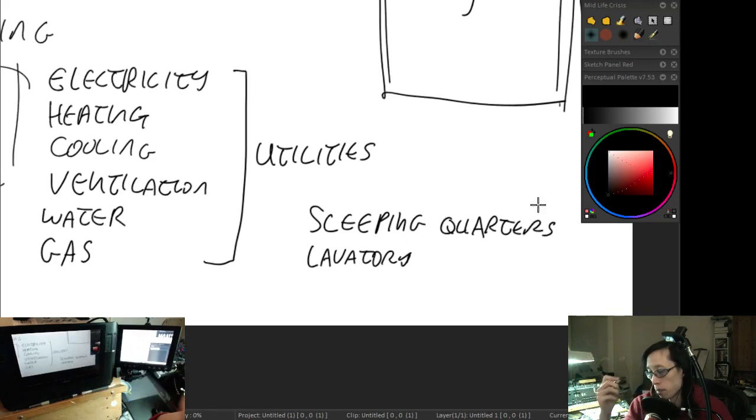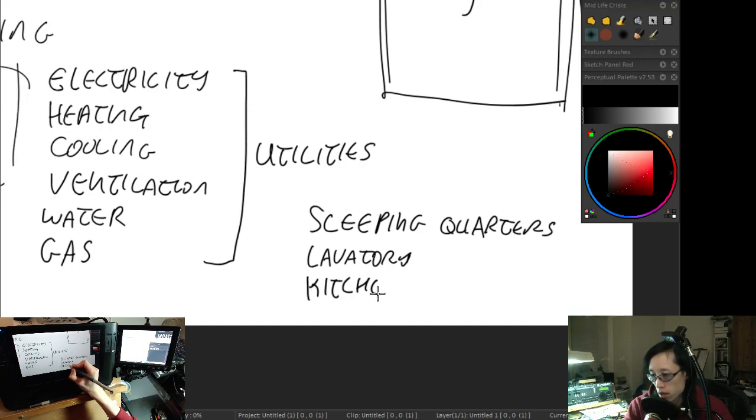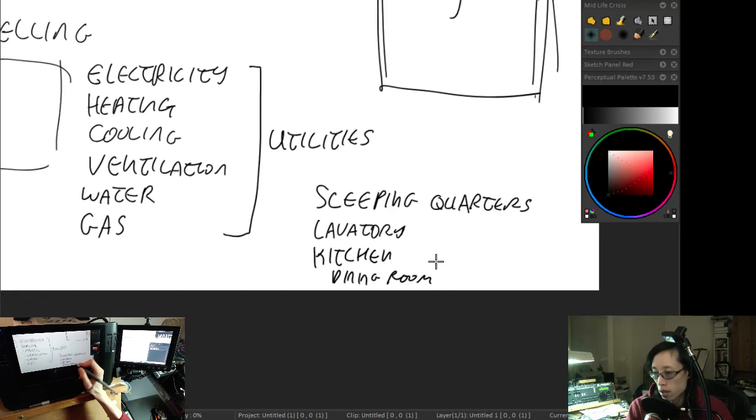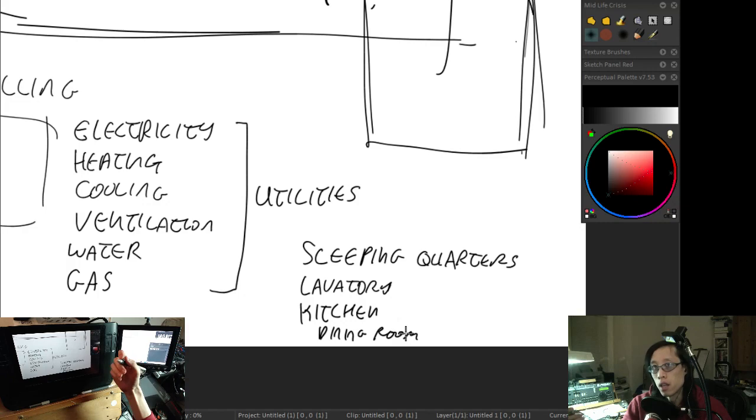Oh, wait, that's the sleeping quarters. So, what else? Lavatory, place to wash up, a kitchen. Dining room. What else? Place to not go insane. Like, you know, living room. Recreational room.